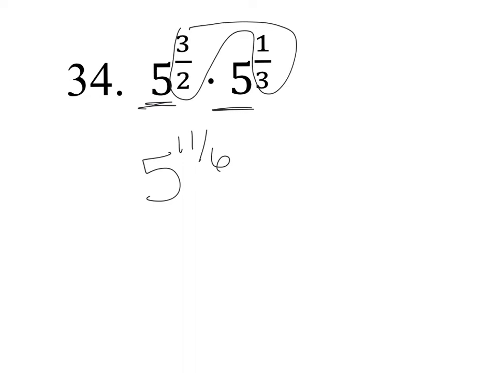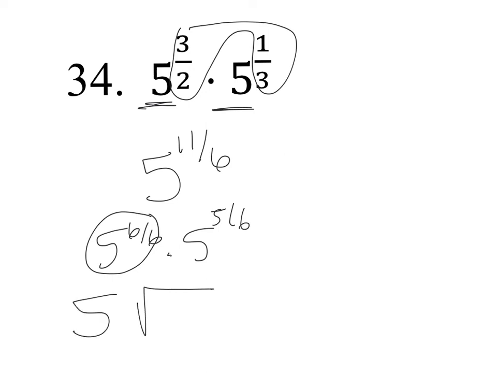Now again, there's 2 ways that you can go about doing this. You could rewrite this as 5 to the 6/6 times 5 to the 5/6. And then this cancels out to just be 1. So then I have 5 to the 6th root of 5 to the 5th.